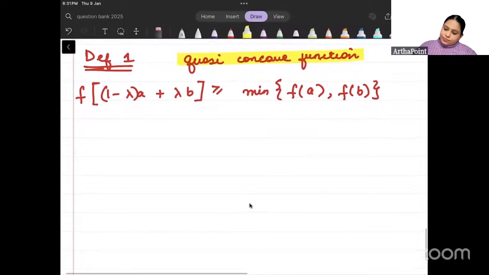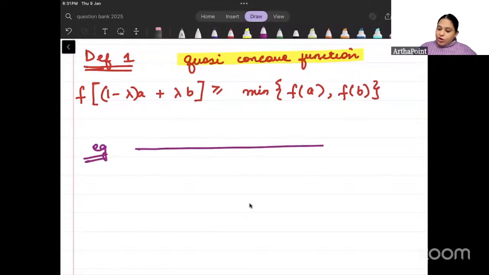For example, पहले एक बात समझो. If I take any 2 points on a line, right?